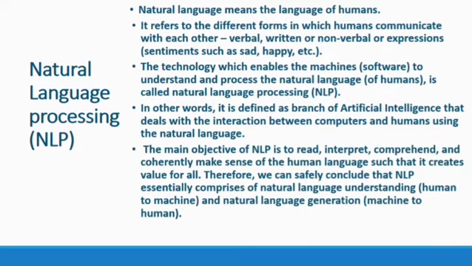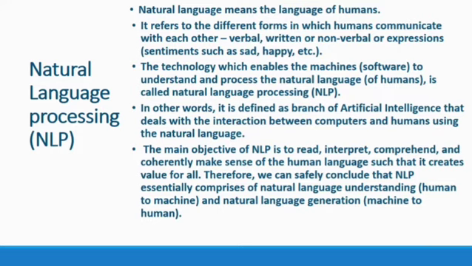Now, the main objective of NLP is to read. There are a few objectives of NLP. If you want to give this speaking and interpreting ability to a machine, then the first objective is to read.